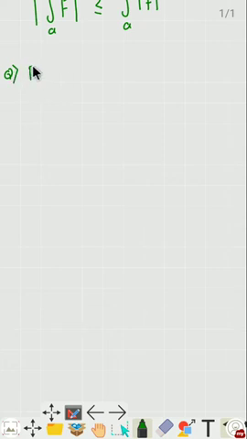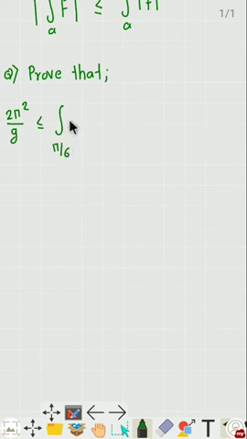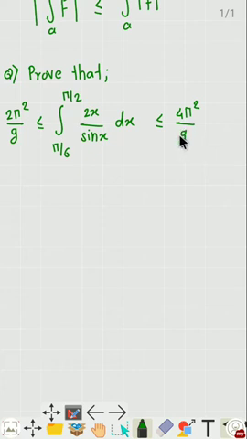Prove that 2 pi square upon 9 is less than or equal to the integration over pi by 6 to pi by 2 of 2x upon sin x dx, which is less than or equal to 4 pi square upon 9.